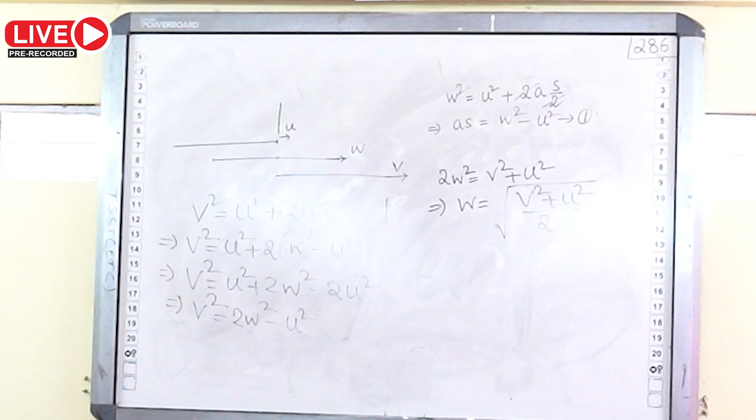A and S are not mentioned in the problem, so I have to eliminate the expression for A and S to find the answer in terms of V and U only. So from the two equations I actually eliminated the product of A and S. So again recheck what we have done.